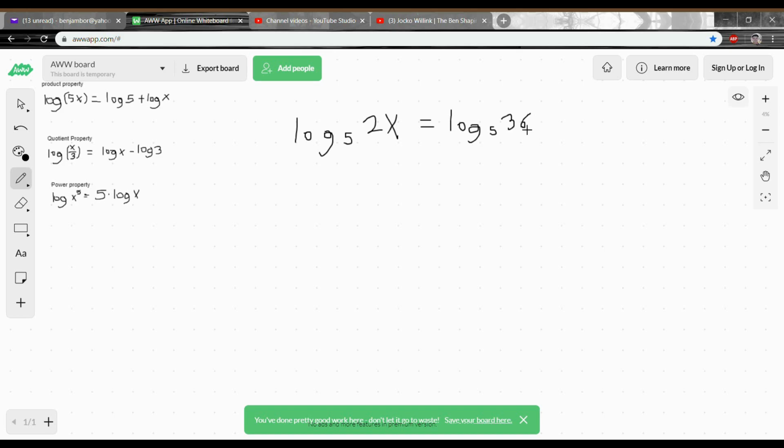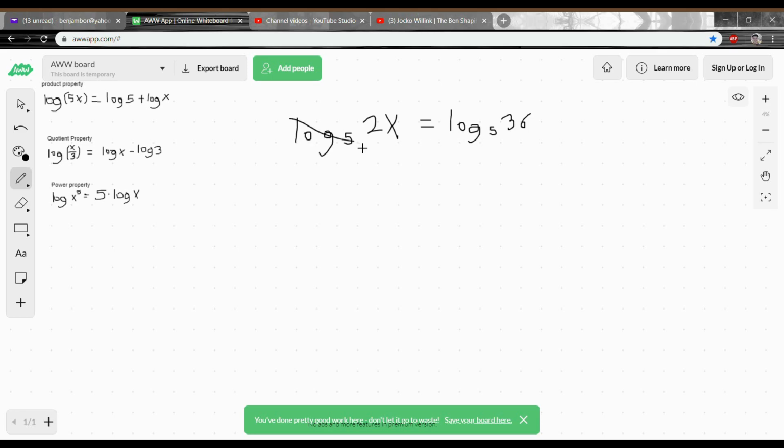Now, you might want to begin by using the product property or even the power property by turning this into 6 squared. But first, if we think of logarithm as an operation, then we see we have the same operation happening on both sides.